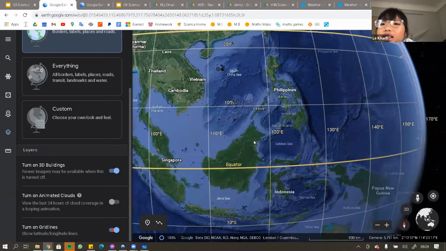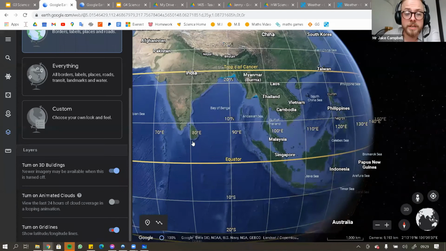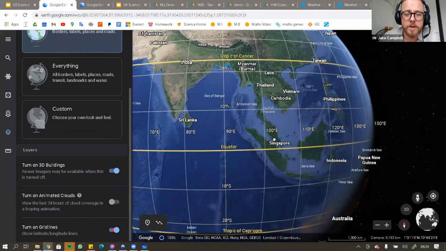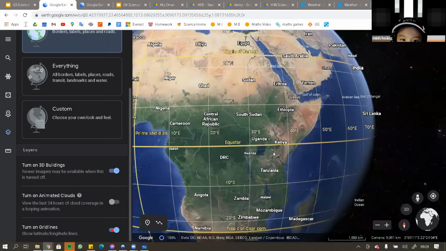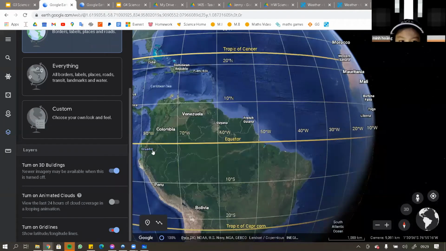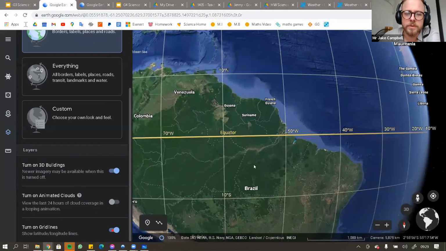America, Singapore, Malaysia. Yeah, good. Singapore is very close to the equator. Okay, what else do we have? We have some places in Africa, like Kenya. We have places in South America. Yeah, Indonesia too. Like Ecuador, Brazil, very close.